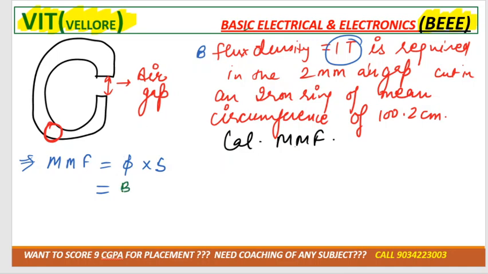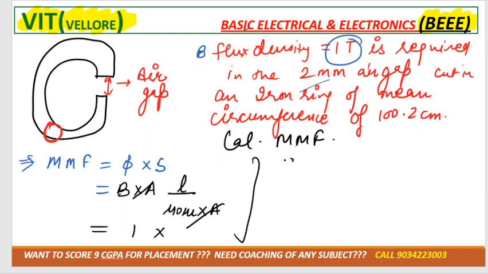Phi is B multiplied by A, and A and A cancel out, and length we need to calculate, right?